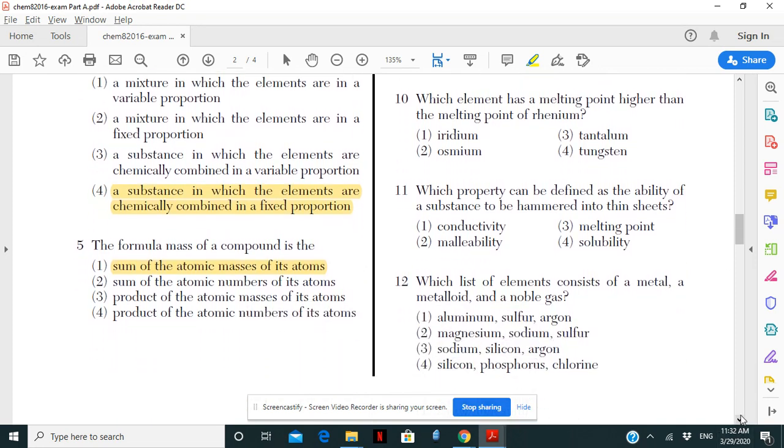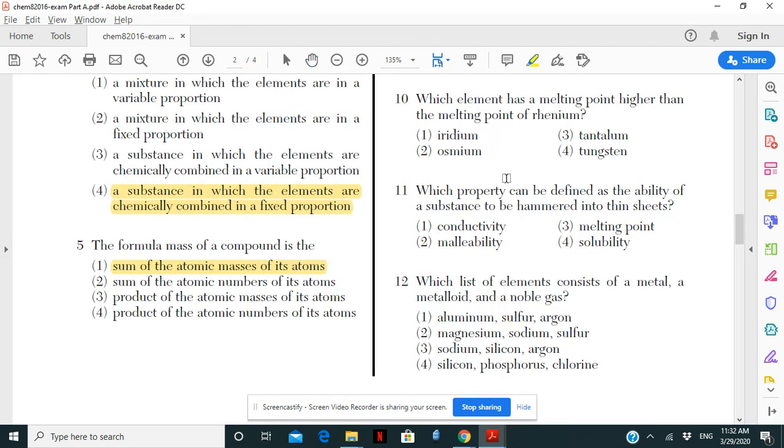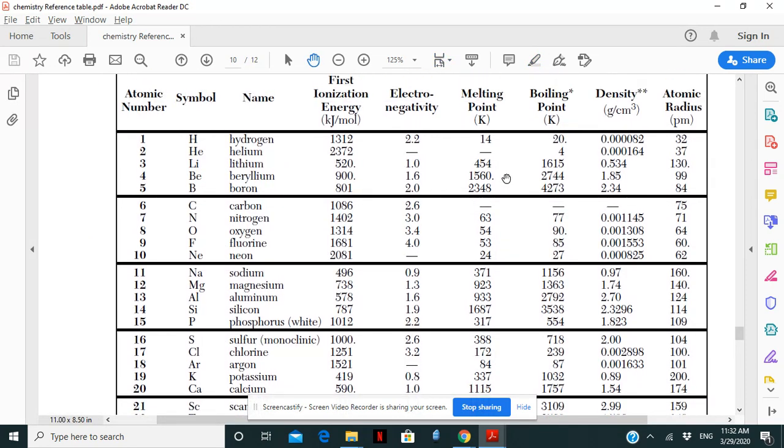Question number 10. Which element has a melting point higher than the melting point of rhenium? I'm not doing anything by guessing. I'm going to check those elements in the reference sheet, melting points. So I'm checking this part.